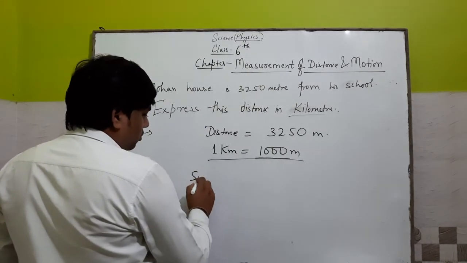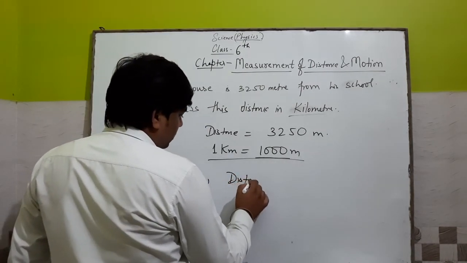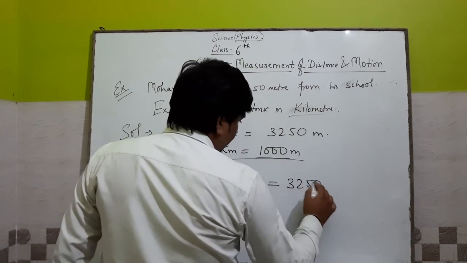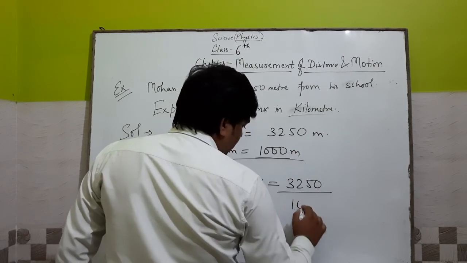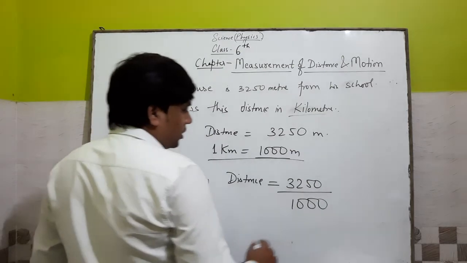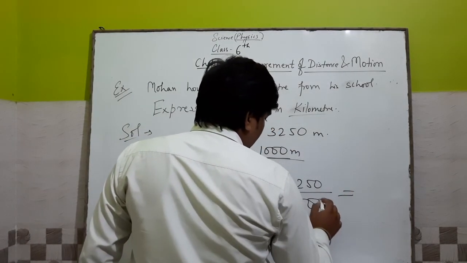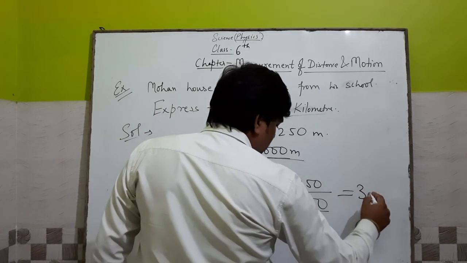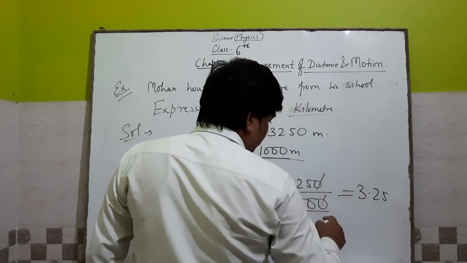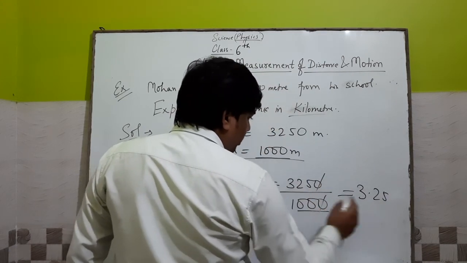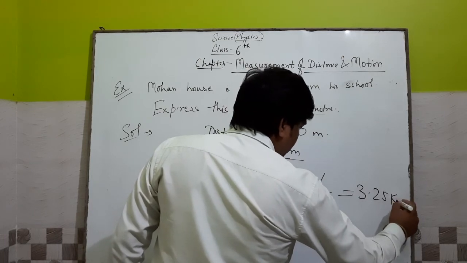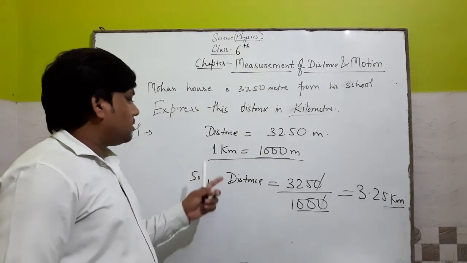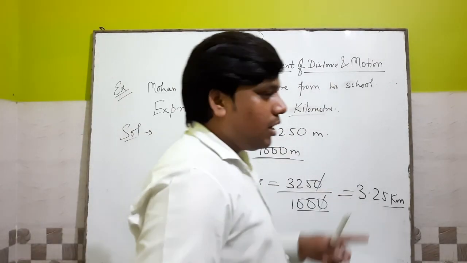So distance in kilometer is equal to 3250 divided by 1000. After 3250 divided by 1000, we put the decimal point, so 3.25, the 0 cancels. 3.25 kilometer. This is your answer, where this was in meter and this is in kilometer.